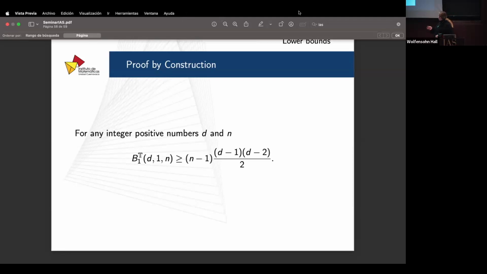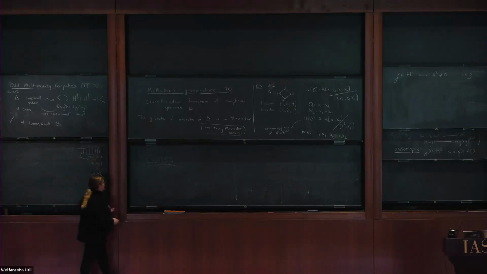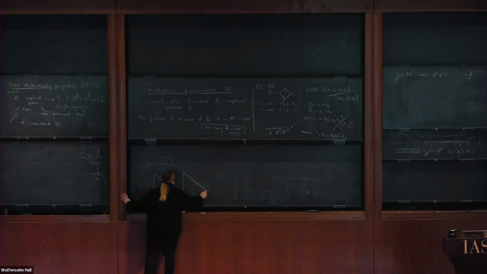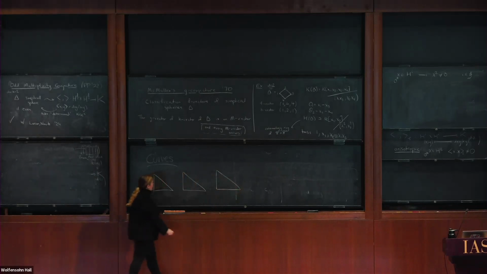For the case of curves, I wanted to use the blackboard, may I? For this, for any n, we're going to use three curves to make the construction. And I'm going to draw the Newton polytope of them.